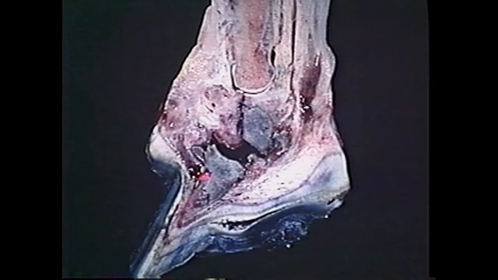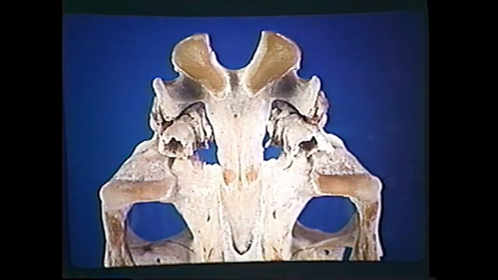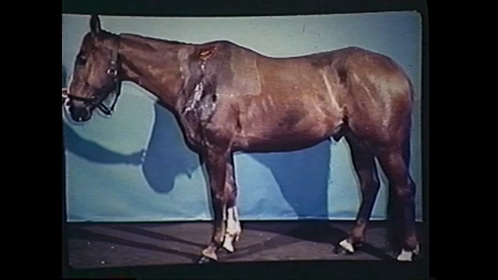P3 is essentially gone, necrotic, and P2 is somewhere located in between that sea of black, green, and white material. It can be located in other bones. Here's the hyoid bone in a horse with an osteomyelitis secondary to guttural pouch problems. Here it is extending bilaterally in a horse with guttural pouch empyema, and that would serve as a direct extension.